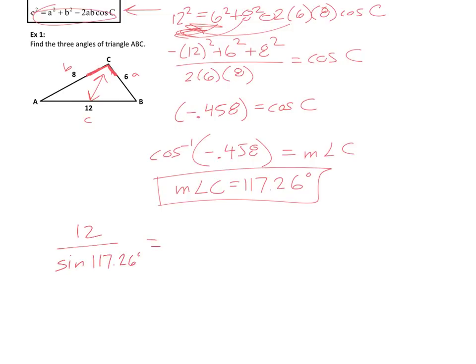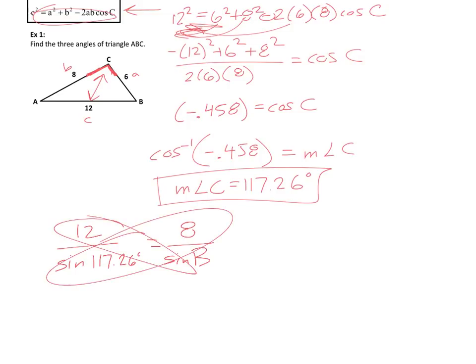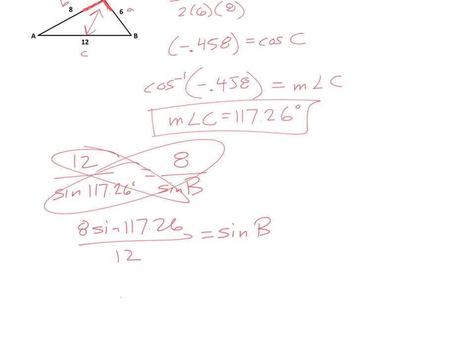And that's equal to 8 over sine of B. So I cross multiply, and I get 8 sine of 117.26 over 12 is equal to sine of B. And I have sine of B is equal to 0.593.